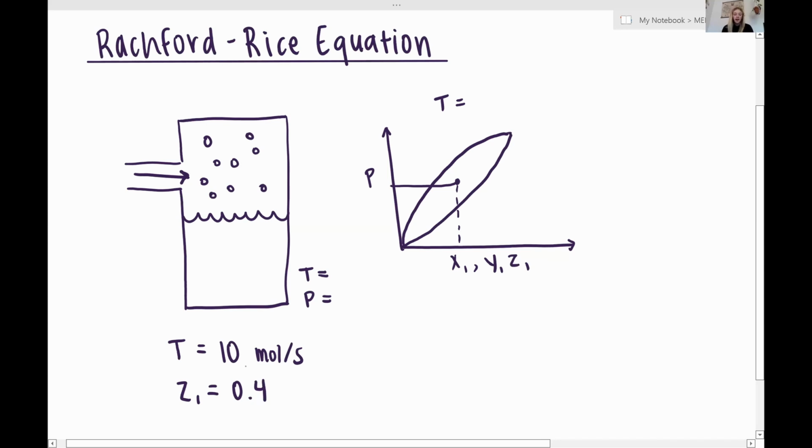But once that mixture enters our container, there is going to be a separation between the liquid and the vapor. It'll separate between those, and we don't know the composition of how that's going to react. So our x1 over here is going to be our mole fraction of benzene in the liquid phase, and then our y1 is going to be the mole fraction of the more volatile component benzene in the vapor phase.